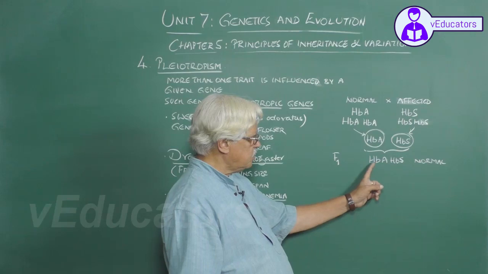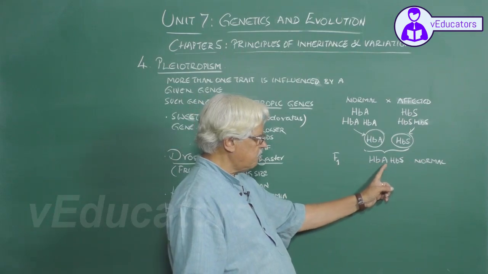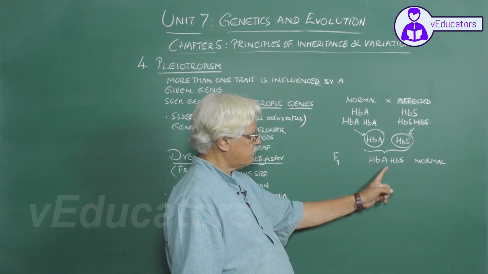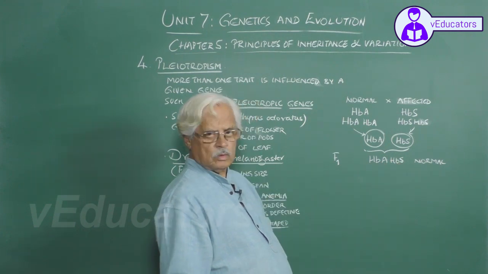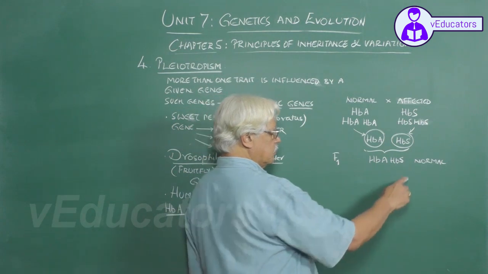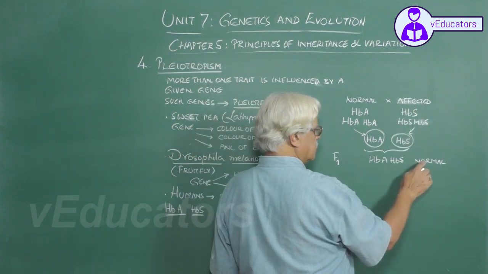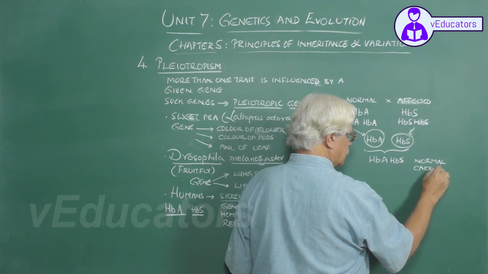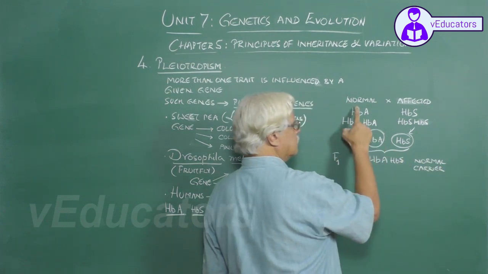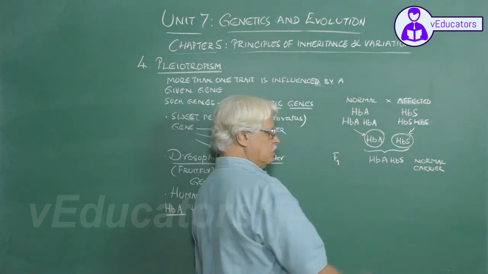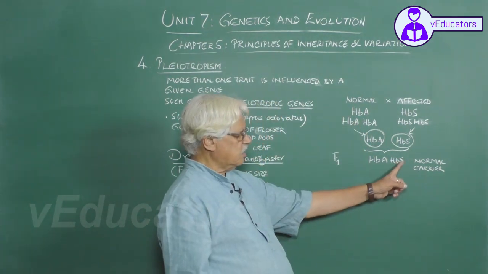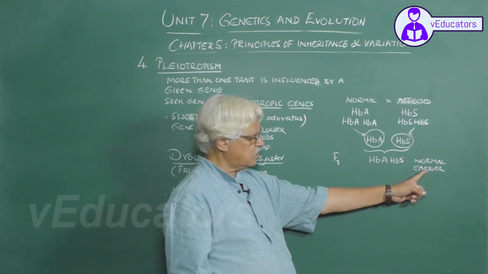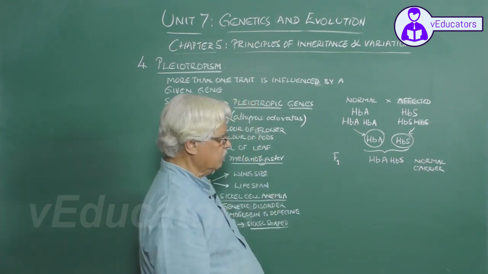It means these individuals will be having the dominant genotype for A, recessive for S. So they will not show the sickle cell condition, they look normal, but they will be different from these homozygous normal individuals. They are carrying the gene responsible for sickle cell condition, so described as carrier individuals.